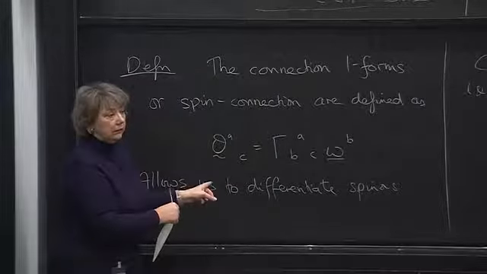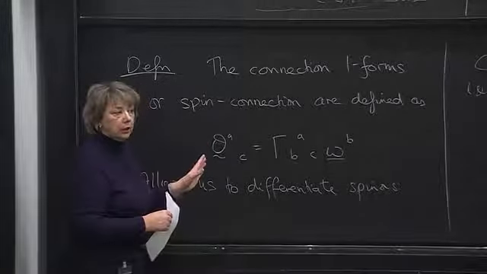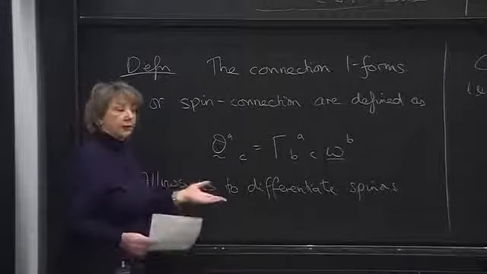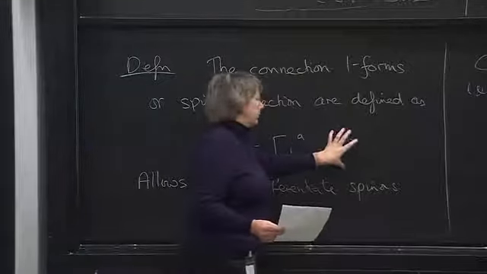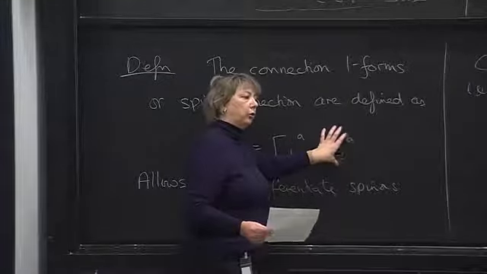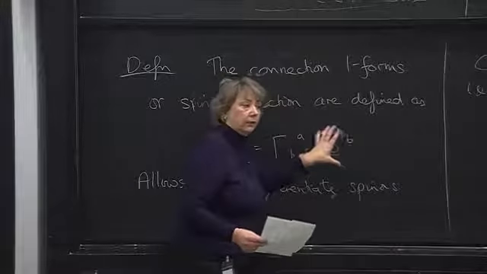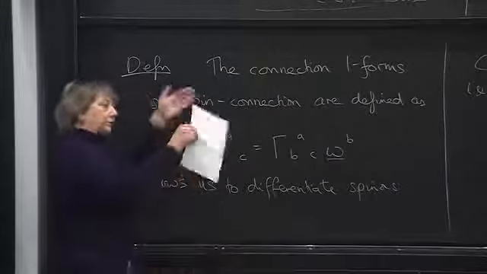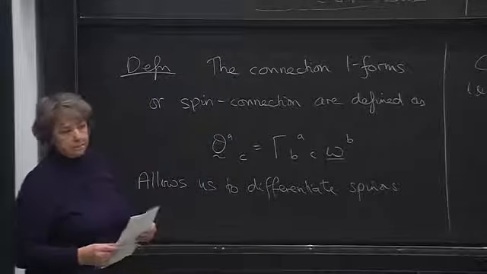forms, and I'm not interested at the moment in transforming anything, because what I've got here, this omega, is a one form, a specific one form, and that tells me it's something abstracted from the local chart. It's a covector field.